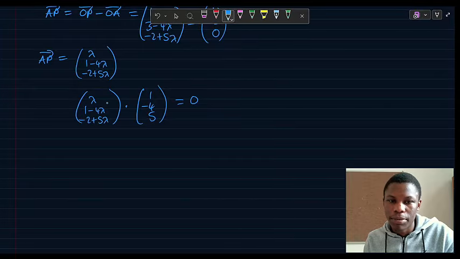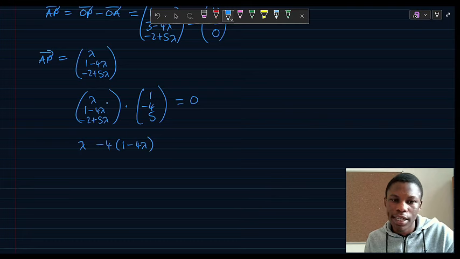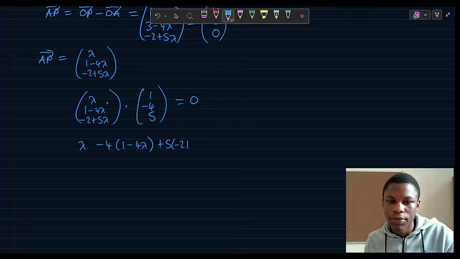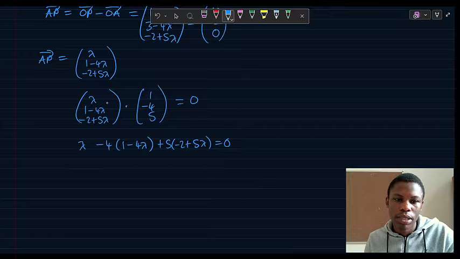So lambda times 1, that's lambda. Then I've got 1 minus 4 lambda times negative 4. So negative 4, 1 minus 4 lambda. And then I've got negative 2 plus 5 lambda times 5. So 5 times negative 2 plus 5 lambda. And I know this should be equal to 0.